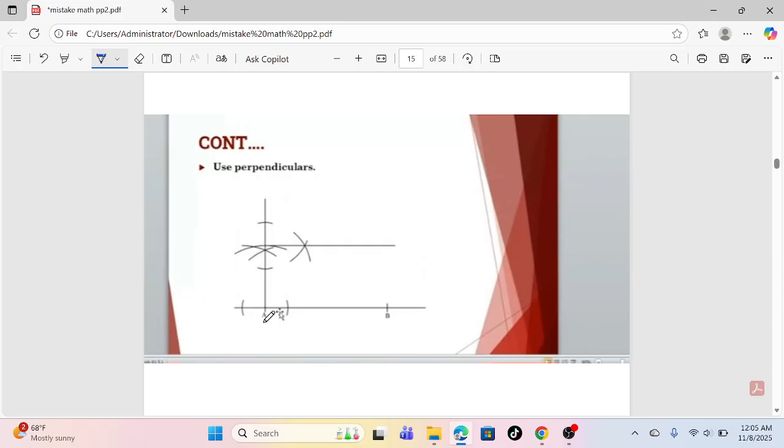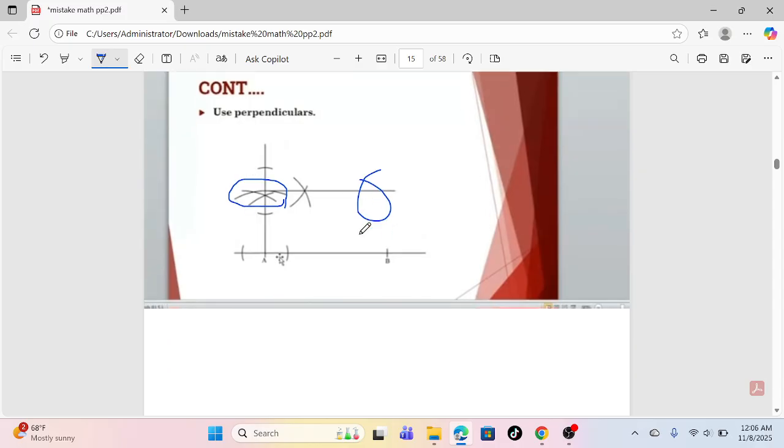You can stand at A or B or any point between A and B, then you draw. After that, you draw. So this place is the center of the arc, and this is the radius of these arcs.